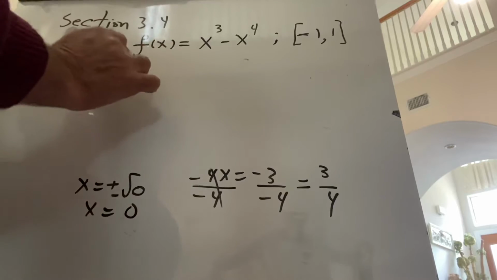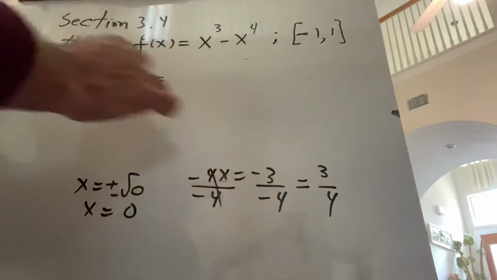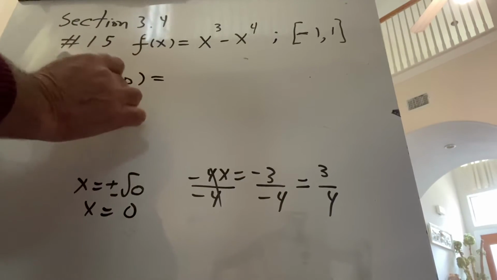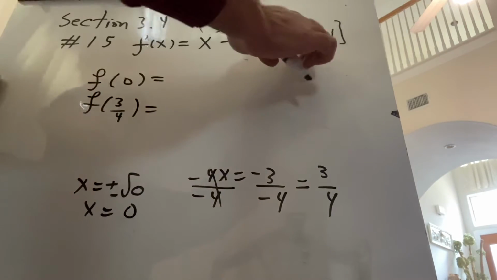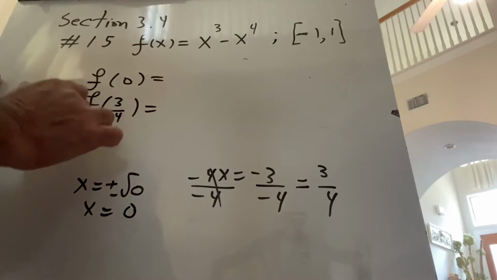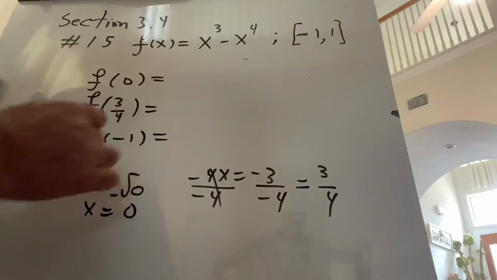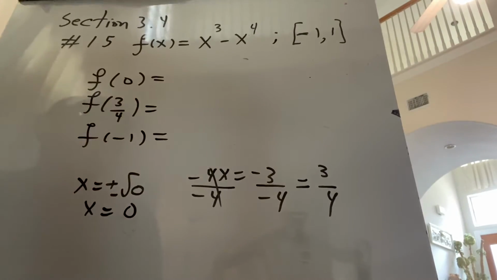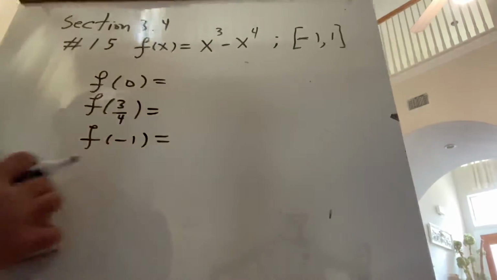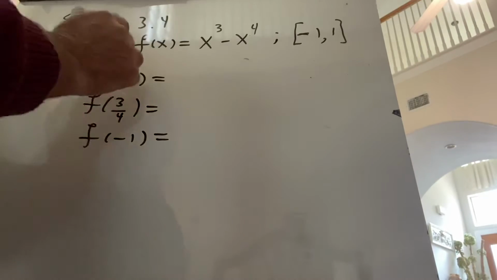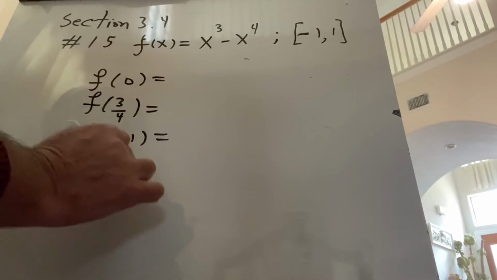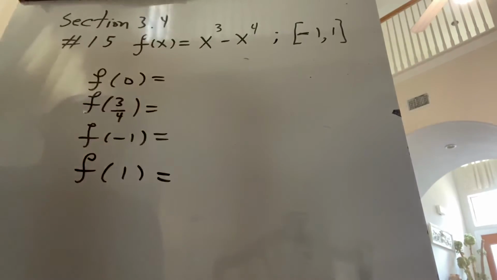So we have to find f of 0 and f of 3/4. And then don't forget, you always have to include the endpoints, so f of -1, and also f of 1. That's pretty much it. Once you find these four values, the largest value among these four will be your absolute maximum, and the smallest your absolute minimum.